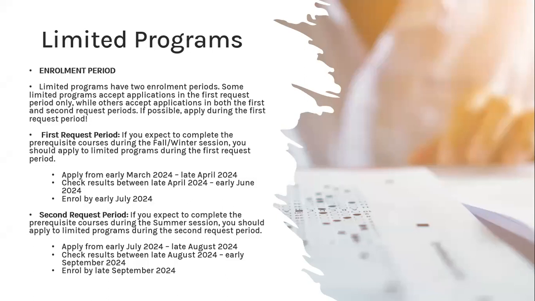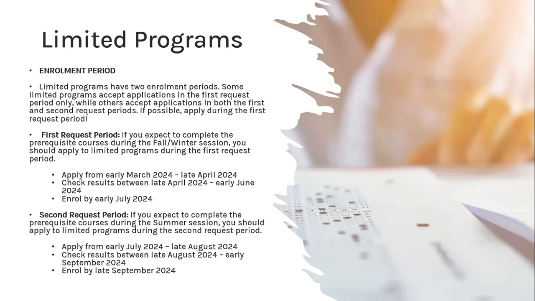When it comes to the enrollment period for the limited programs, it's a little bit different compared to the open programs. While for the open programs, you can enroll between March and September, no problem, the limited programs are governed by 2 request periods. What differentiates these 2 request periods is when you get to complete the program requirements or prerequisites required to get into the program. For students who expect to complete the prerequisite courses by the end of the fall winter session, it is recommended to apply to the programs during the first request period, which is early March to late April.